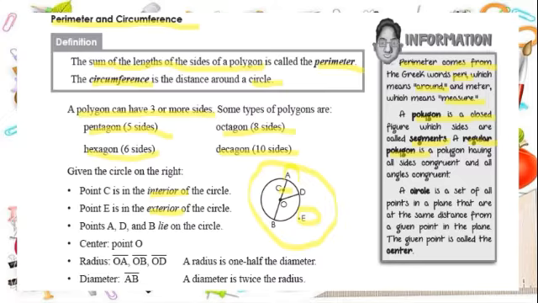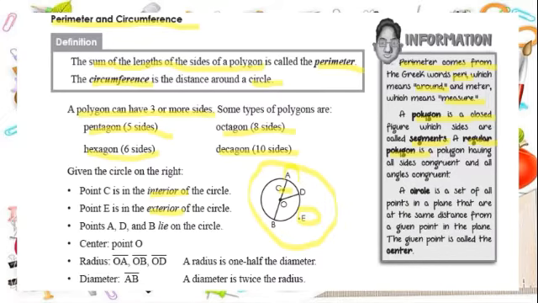Everything we see starts from a point. So here is point A, point D, and point B here. They all lie on the circle. They are all along the circle. So points A, D, and B lie on a circle.